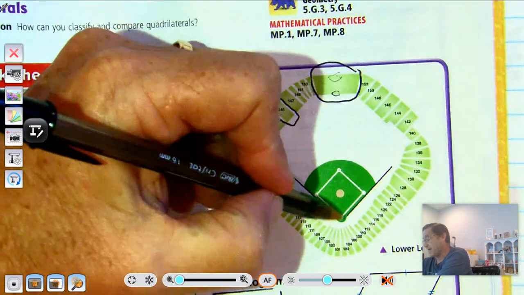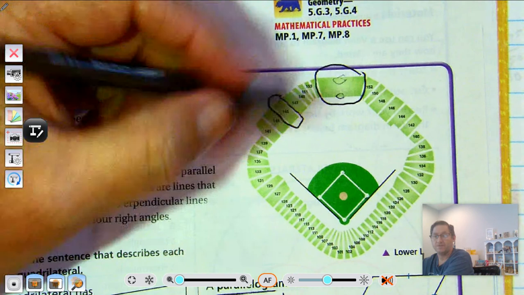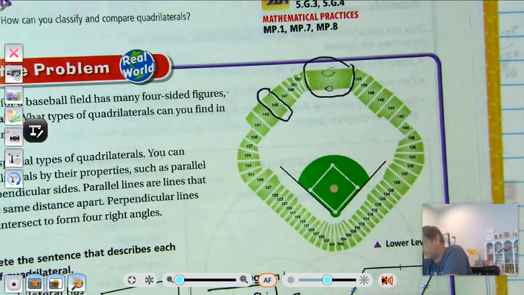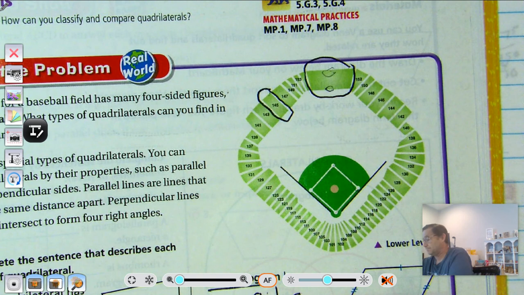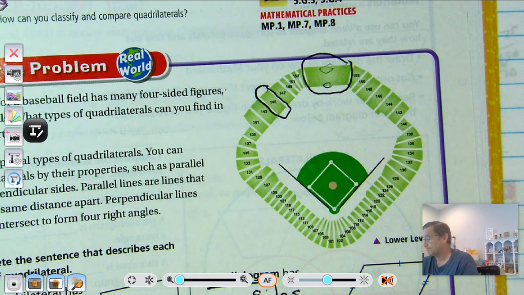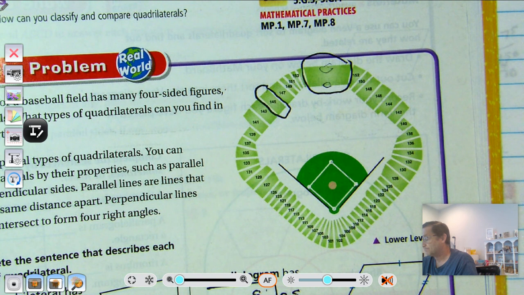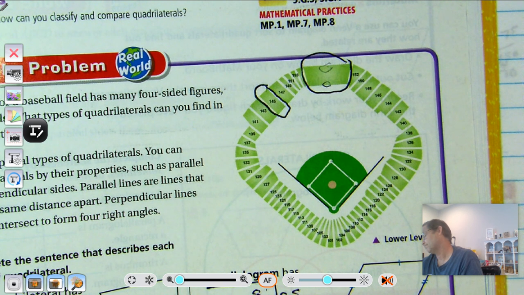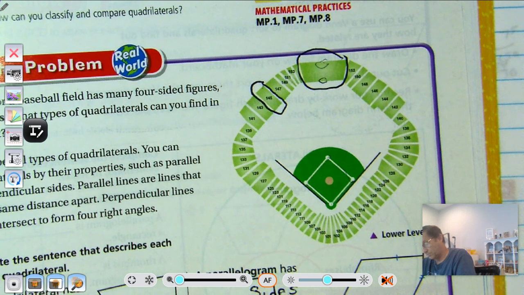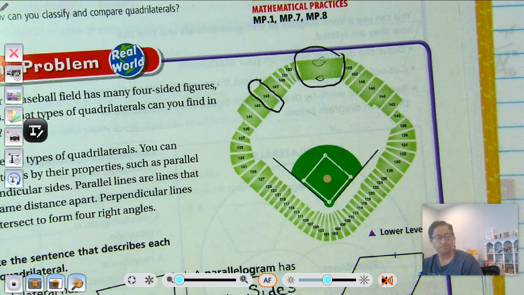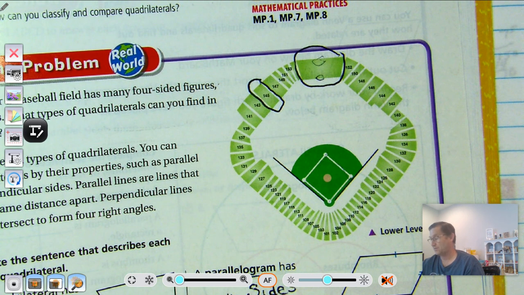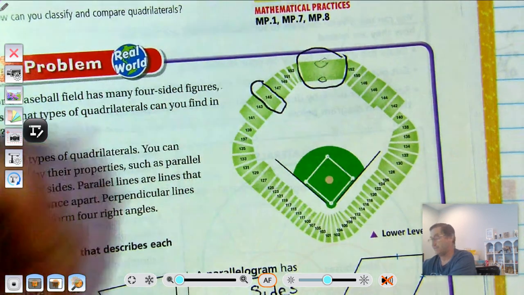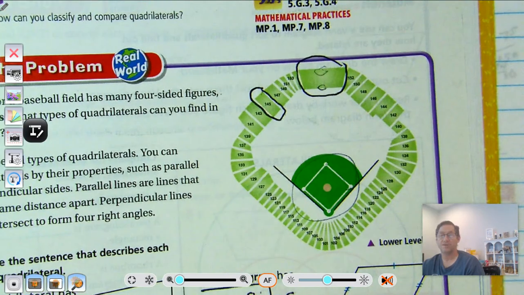Well, technically, if I look at the diamond, the infield, that's a rhombus. It also has 4 right angles, so it could be a square too. So basically, all of those shapes can be found in this seating chart that they're showing us.